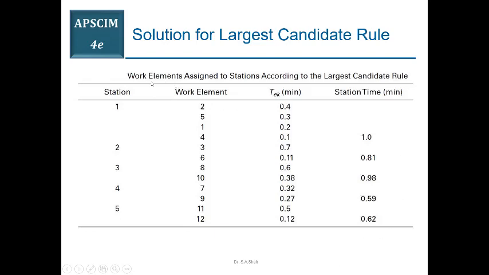Your result will look something like this table. इस टेबल में अगर आप देखें तो आपके पास 5 वर्क स्टेशंस आ रहे हैं, और थ्योरेटिकली जब आपने फाइंड किया था तो दे वर 4.